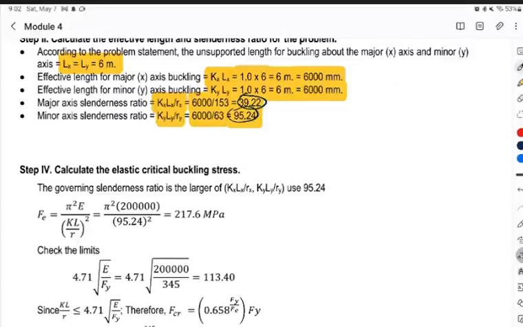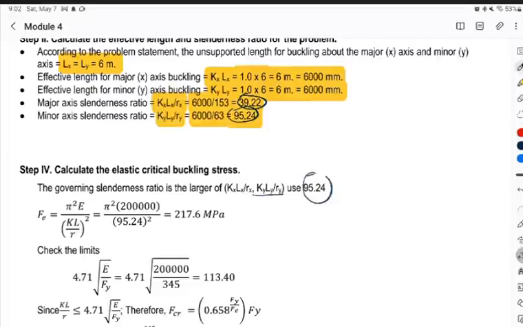So minor axis yung nag-govern ng slenderness ratio. But remember, when there is a stiffening along the minor axis, sometimes the major axis na ang mag-govern. So we still have to compute for such. Hindi yung, sir, lagi naman si KYLY over ry ang nag-govern, so siya na lang yung compute ko. No, you have to compute both minor and major axis. So here, in this problem, it is 95.24.